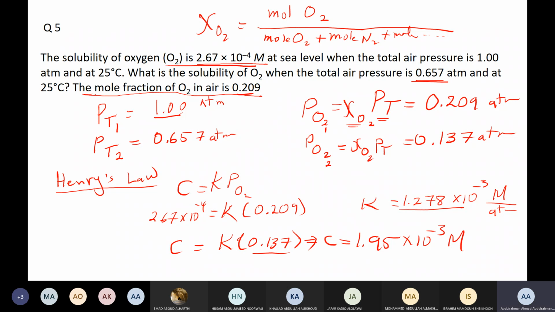It's the moles of any gas divided by the total moles of all the gases in the solution. In the air, there is mainly oxygen and nitrogen. Got it? Yes. Good, that's called the mole fraction. We will have a question about mole fraction in a while.